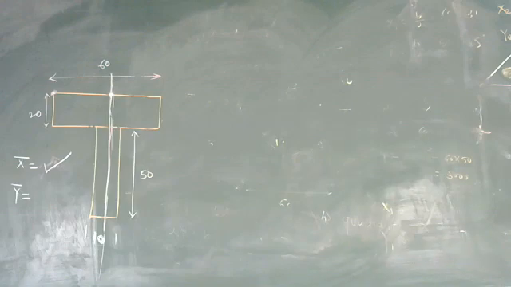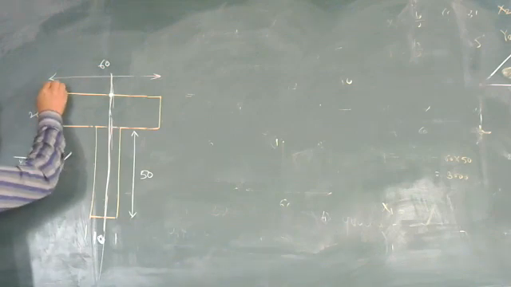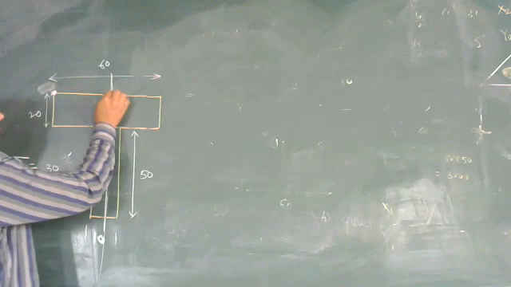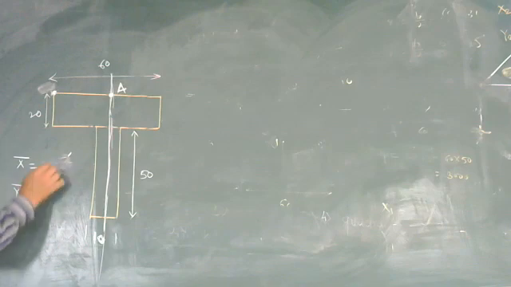Now I am required to find out the y bar. Am I right? Suppose that in an MCQ or multiple choice question, if they have asked to find out the distance of x bar from location A, then I can directly give the answer 30. And if they have mentioned to find out the location of the centroid of this T structure from location A, then the value will be 0.